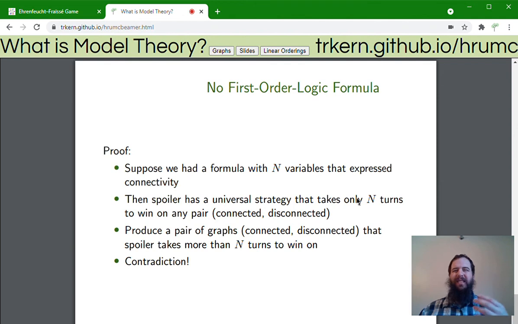We can still play Ehrenfeucht-Fraïssé games on second order logics. The point of the game is to really give you an intuition, and Ehrenfeucht-Fraïssé games really don't do a good job of giving you intuition about second-order logics. But there are some tools.